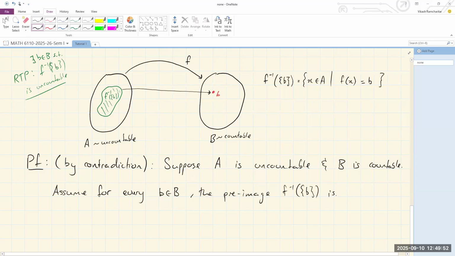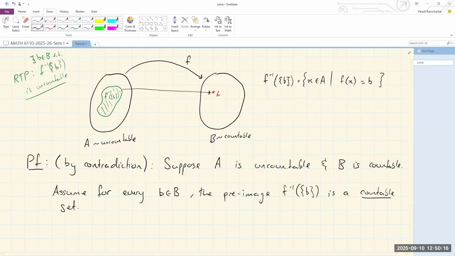Proof by contradiction means I assume the negation. So its pre-image is a countable set. Okay, so that's the setup. I now need to figure out some way to get a contradiction.